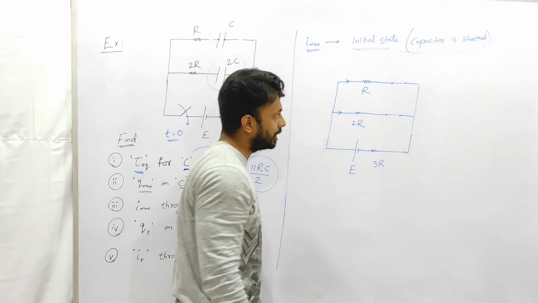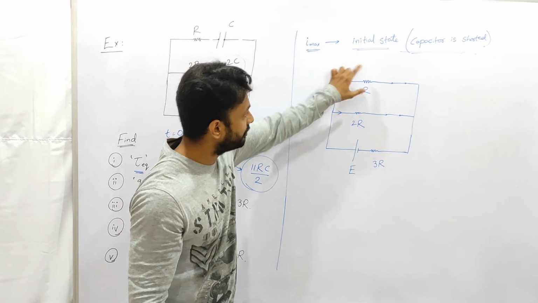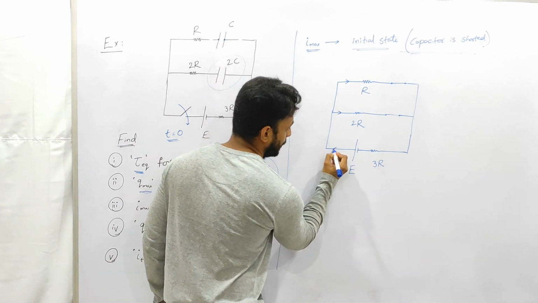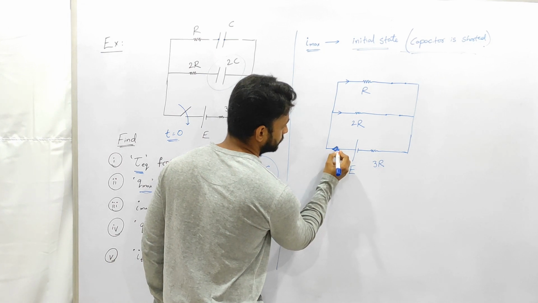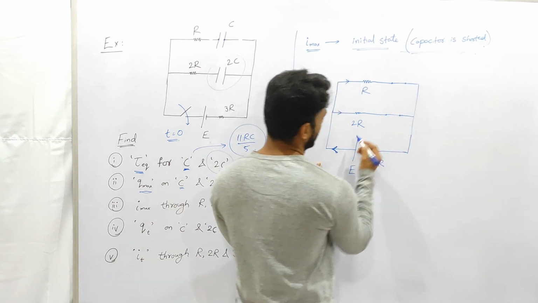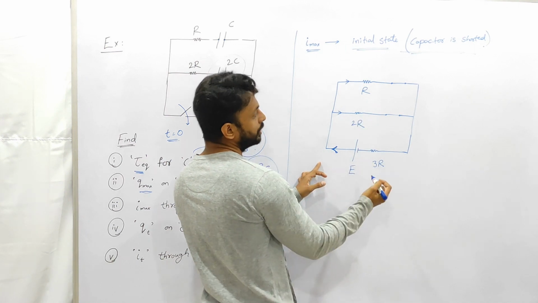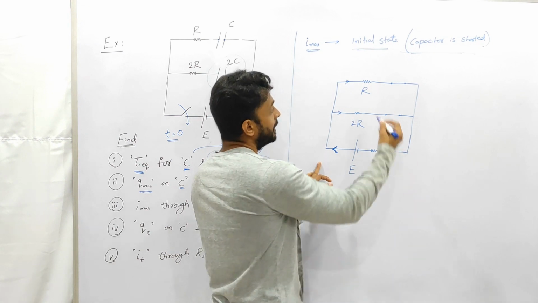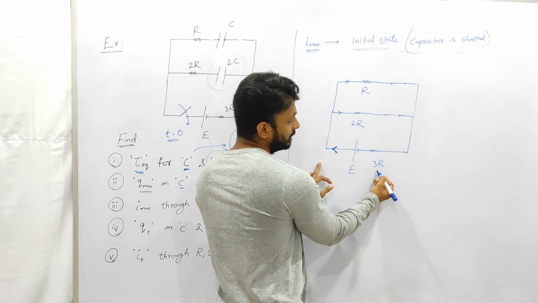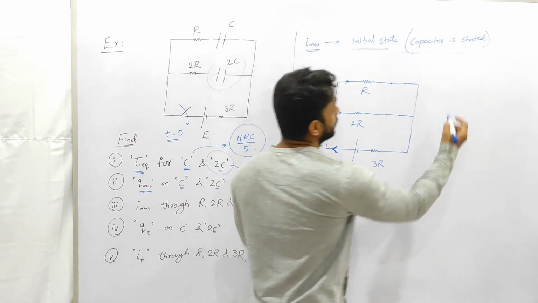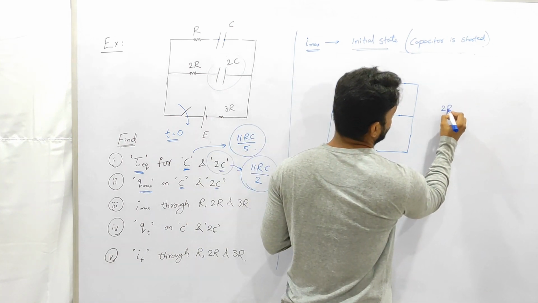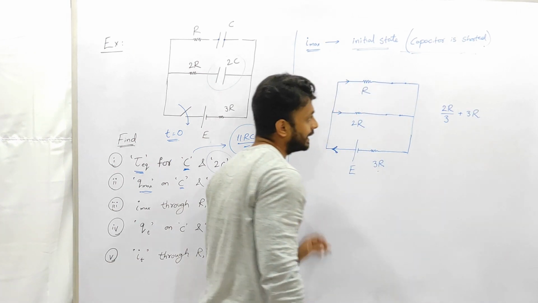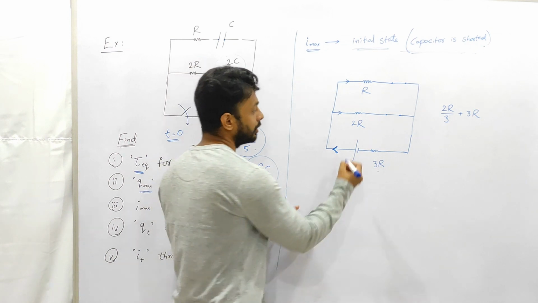R and 2R are both in parallel, so it is 2R by 3 effective, and that is in series with 3R. So what is the current passing through here? I can say that across this battery, what is the effective resistance? 2R by 3 is in series with 3R, that is the effective resistance across this battery.